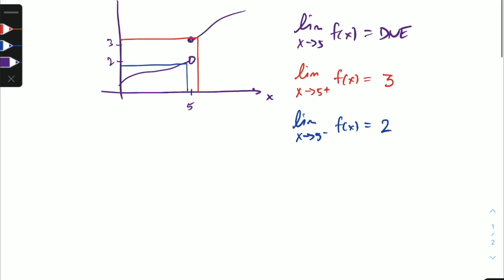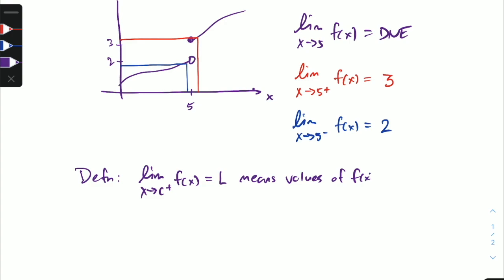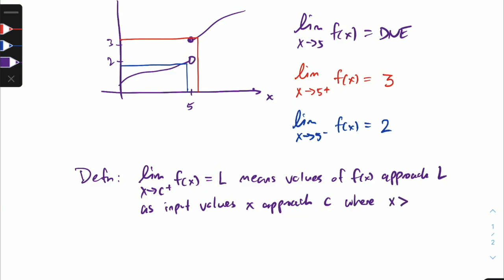So let me just write down the definition for your notes. The definition goes like this: limit as x goes to c plus of f of x equals L means that the values of f of x approach L as the input values x approach c from above, or x is greater than c.